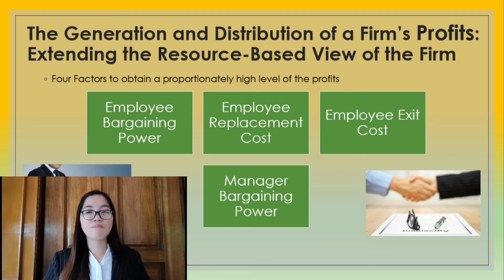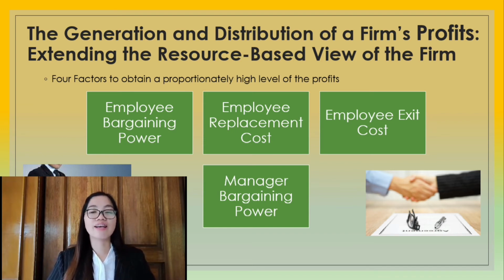Second, employee replacement cost. If the employee's skills are rare, their bargaining power is high. Third, employee exit costs. An employee may face high personal costs when leaving the organization. And lastly, manager bargaining power, based on how well they create resource-based advantages.